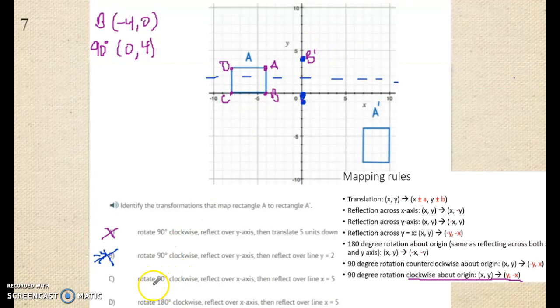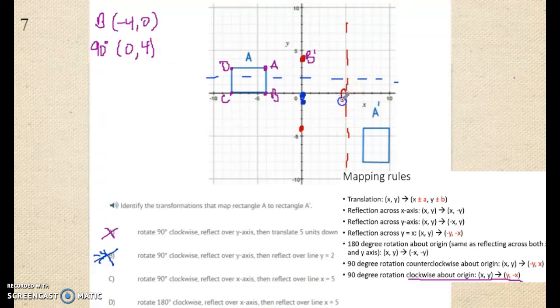All right, so we want to start off rotating 90 degrees clockwise. So again, I'm going to start right here at B prime. Then reflect over the x-axis. So I'm 4 units up, which means I need to go 4 units down. And then it says reflect over the line x equals 5. X equals 5 is right here.